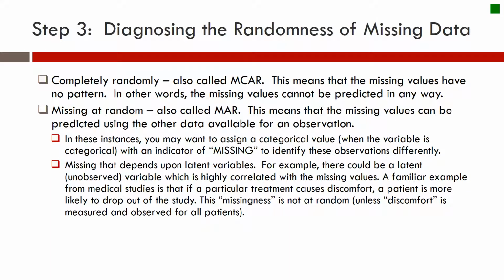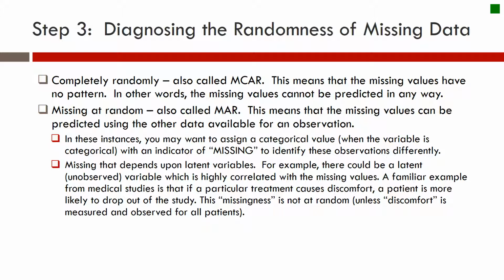So moving forward then, what we want to do is think about, and again, I would go back to this a few times, the randomness of the missing data is really the important thing here. So there's two categories, if you will. There's something called completely at random, so missing data completely at random.